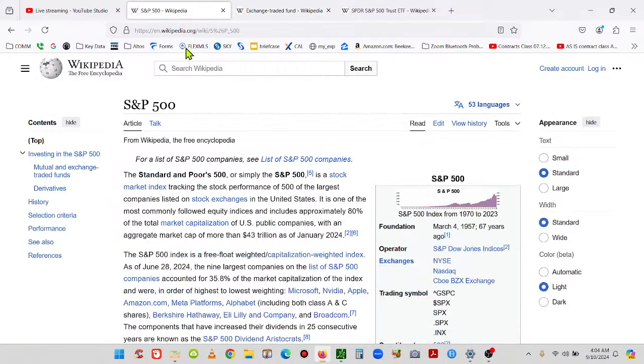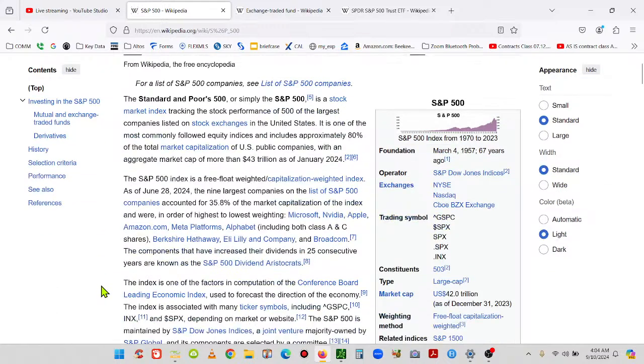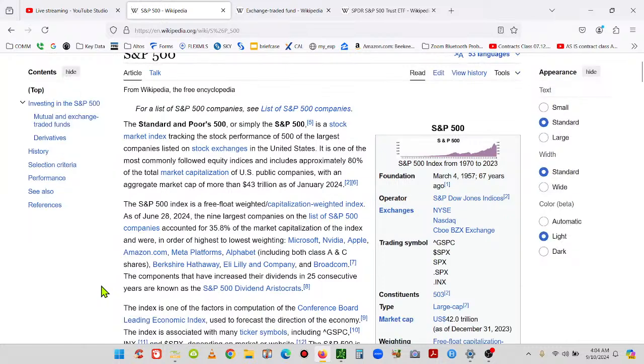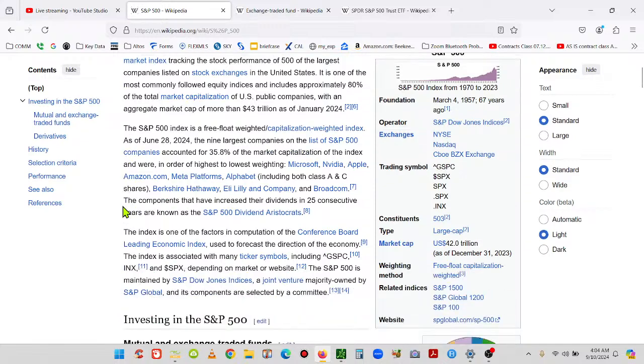So in the case of the S&P, it's made up of, let's see, how many corporations are on the 500, right? 500 of the largest companies listed on the stock exchange in the United States. Okay, and you could read up as to why these companies are part of the S&P 500.